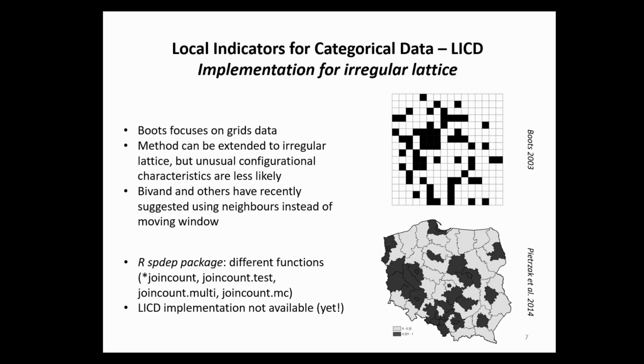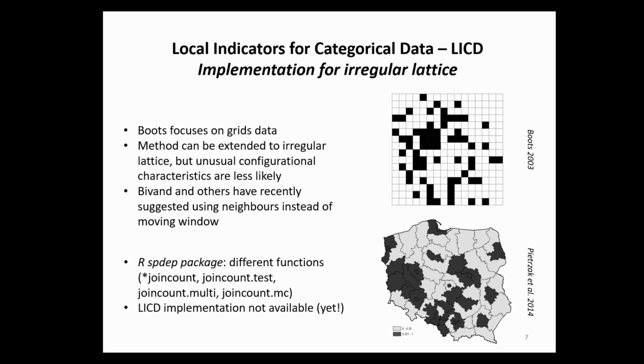As I said, this method was developed for a regular lattice. But Boots says that there's no theoretical limitation in applying it to an irregular lattice, like, for instance, the one you can see at the bottom, which is more common in archaeological research, for instance landscape archaeology.